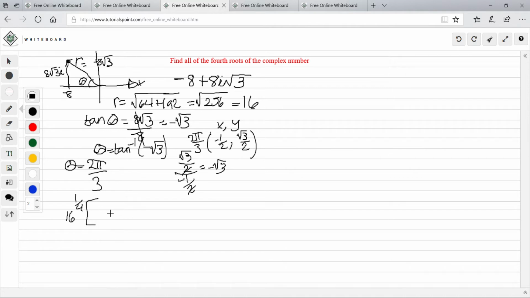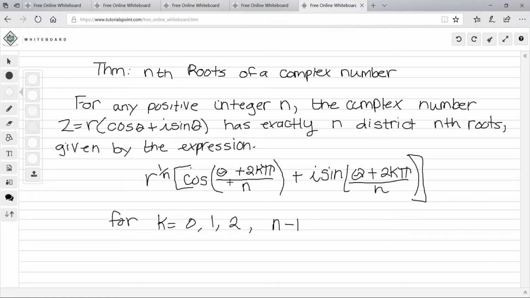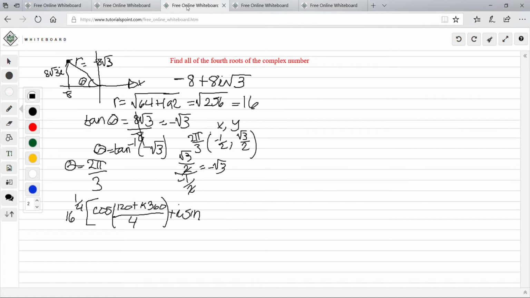And then cosine of 120 plus k times 360, over 4, plus i sine of 120 plus k times 360, over 4. I got that formula from this, I'm just putting it in this formula. I'm not making it up.